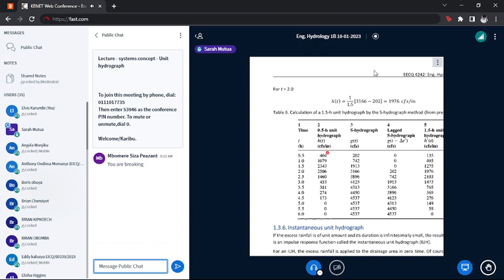So you have been given a half-hour unit hydrograph in this Table 6, not 3. We are required to use this 0.5 hour unit hydrograph in this table to produce the S hydrograph, and a 1.5 hour unit hydrograph for this watershed. So how do we go about it?